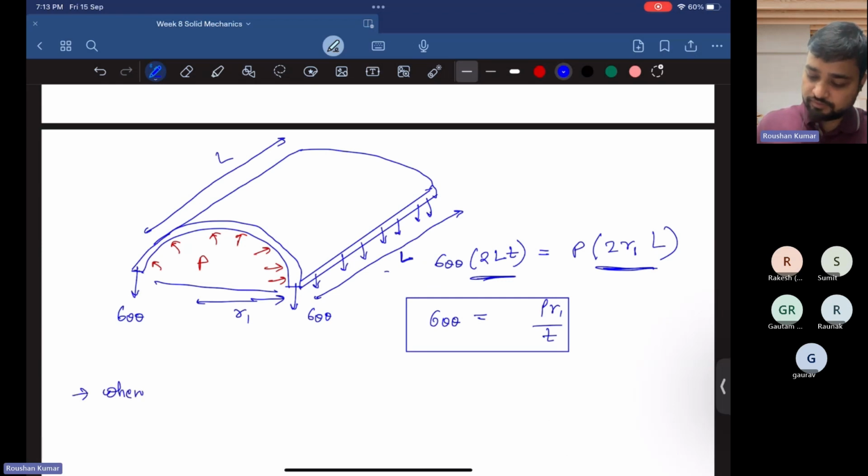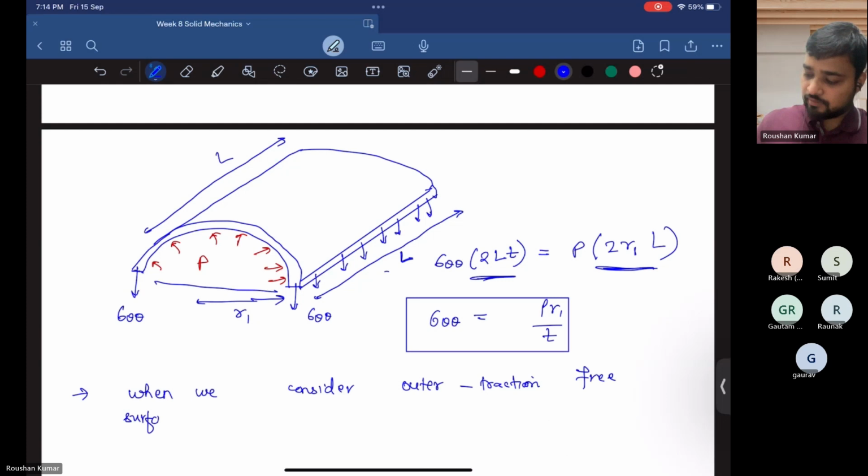So we can say that when we consider the outer traction free surface, there is no stress present, there is no force acting from outside, and that's why from the outside sigma RR equal to 0, and from the inside there is a pressure acting here.